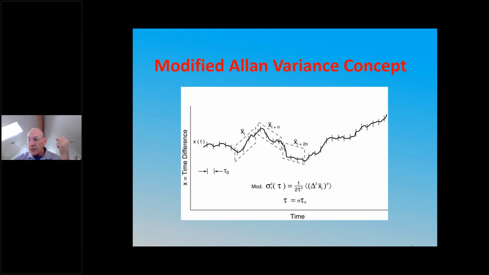Now, because the Allan variance doesn't differentiate between flicker phase and white phase modulation, Dave Allan came up with another variance concept.